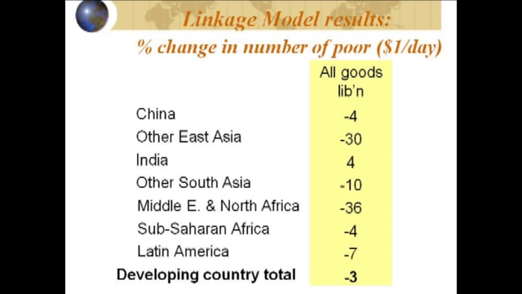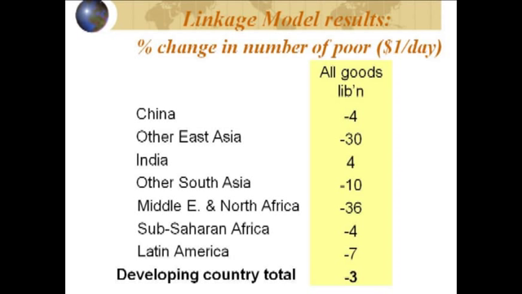The bottom line down here, you can see that it's suggesting there'd be about a 3% decline in the number of people on $1 a day, the extreme poor, if you were to get rid of those goods market distortions globally. And for the regions shown there, all regions would gain in terms of poverty reduction except India.